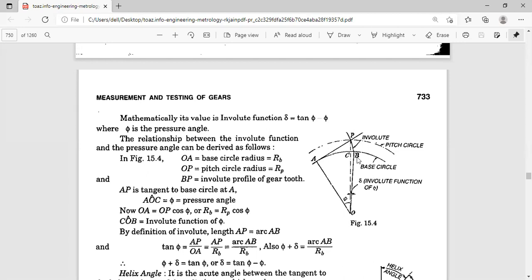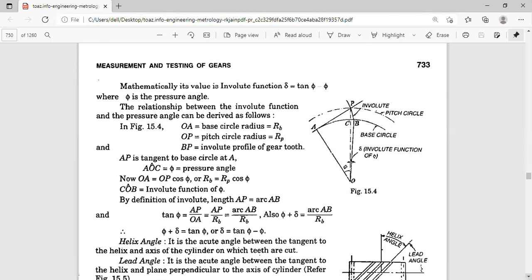What is BP? BP is the involute profile of the gear tooth. That's what we want, because it is the involute profile we consider for general applications, not heavy duty applications. What is AP here? AP is the tangent to the base circle at A. So we draw a tangent to the base circle at point A. These are the geometrical constructions you have to have.